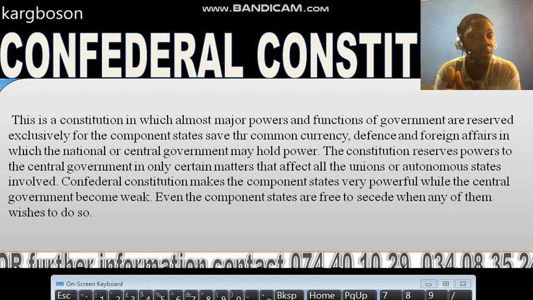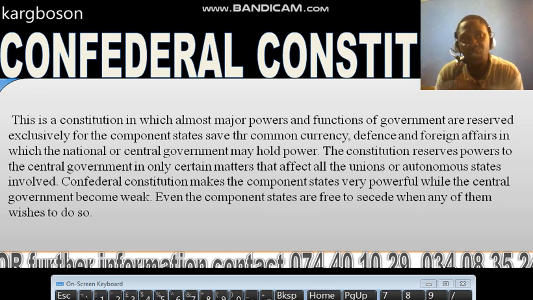The whole body of fundamental laws, customs, principles and conventions are not found in a single document. But in actual sense, when you talk about an unwritten constitution, it doesn't mean that those laws are not in existence. In other words, they are not written laws. But the point here is they are not found in a single document.